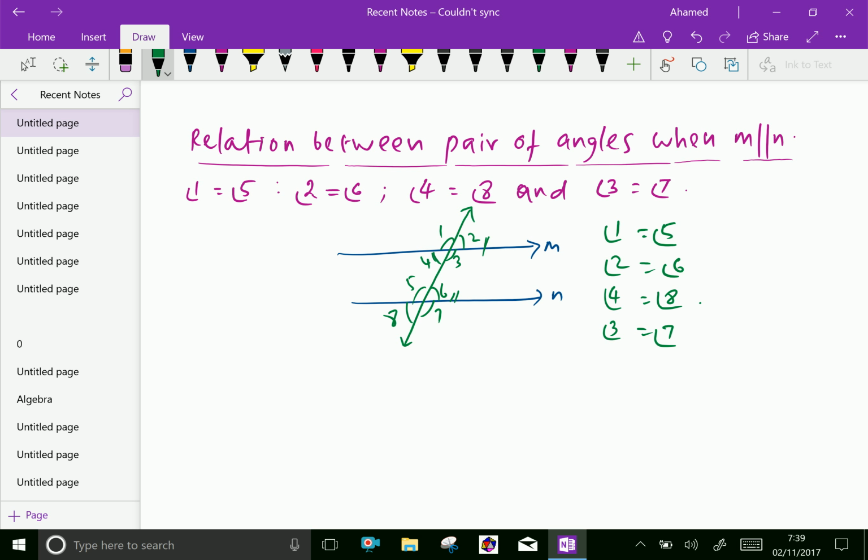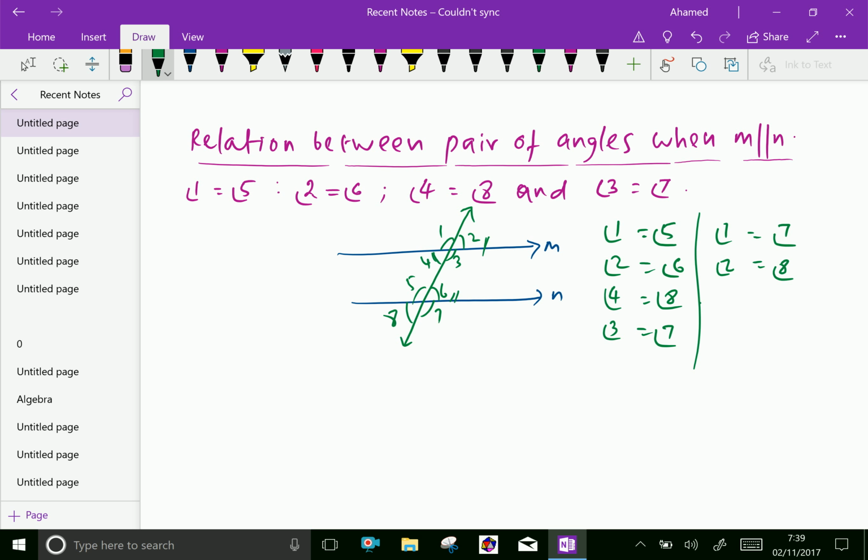One more set: alternate angles are also equal. Alternate exterior angle 1 is equal to angle 7, angle 2 is equal to angle 8.